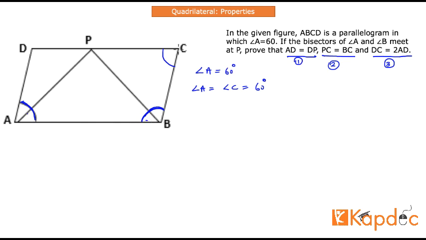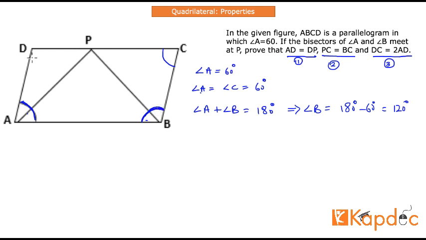And since the line segment CB is parallel to the line segment AD, the sum of angle A and angle B is equal to 180 degrees, because they form supplementary angles, right? We already know what is angle A. That means angle B is equal to 180 minus 60, which is 120 degrees. So now we know that angle B is equal to 120.